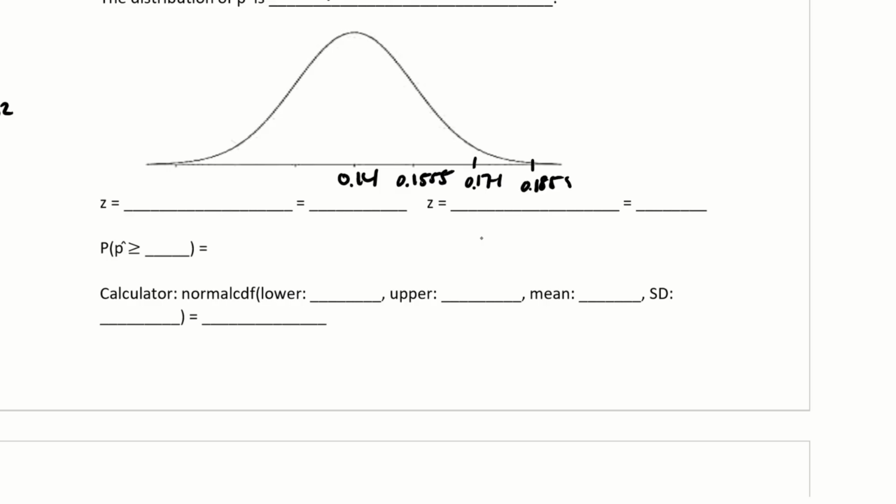Okay, and the numbers on the left: 0.1245, 0.109, and 0.0935. Okay, and we want the p hat to be greater than 20%. Okay, so it's a really tiny portion of the curve, as you can see.